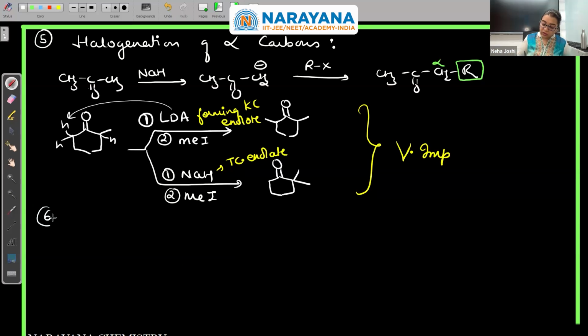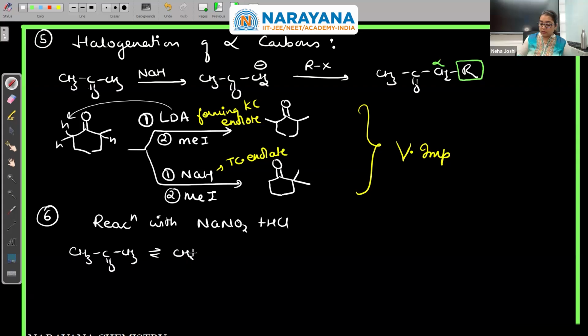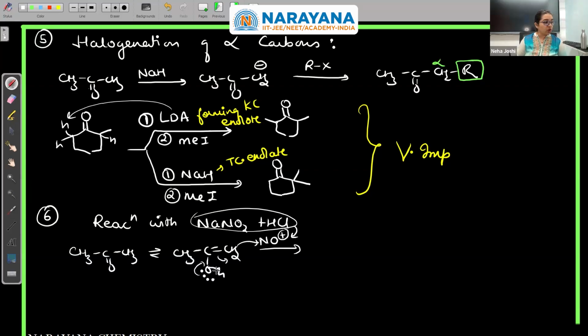And the last effect of tautomerism is its reaction with NaNO2 plus HCl. I think all of you must be aware. CH3COCH3, CH3COH double bond CH2. So with NaNO2 plus HCl, they form NO plus. Whenever there is attack of any electrophile, you have to use the enol. Nucleophile, take the ketone. So CH3, C double bond O, single bond CH2NO.